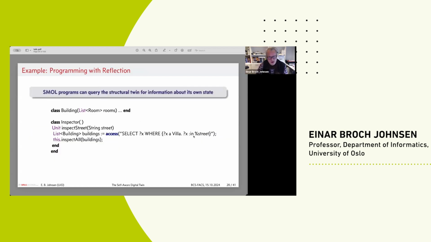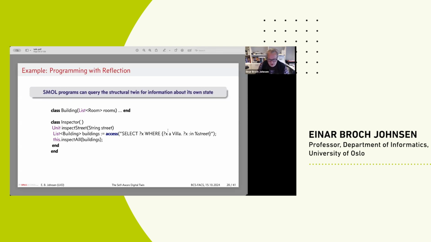So here's an example of how this kind of semantic programming can work. Let's now assume that we have a building which consists of a list of these rooms that we have seen before. And these buildings are organized in streets, and we have now an inspector who wants to do some inspection on a certain set of buildings. Which buildings do we want to inspect?